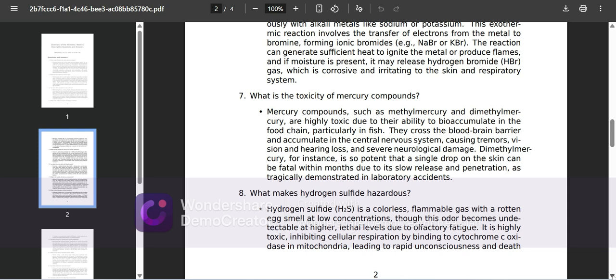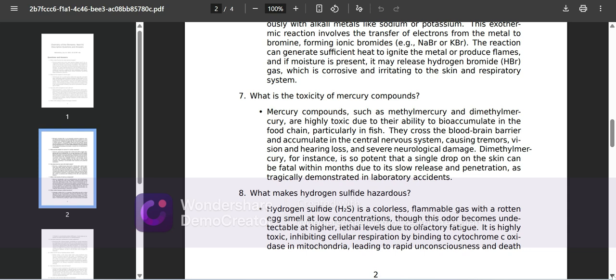What is the toxicity of mercury compounds? Mercury compounds such as methylmercury and dimethylmercury are highly toxic due to their ability to bioaccumulate in the food chain, particularly in fish. They cross the blood-brain barrier and accumulate in the central nervous system, causing tremors, vision and hearing loss, and severe neurological damage.